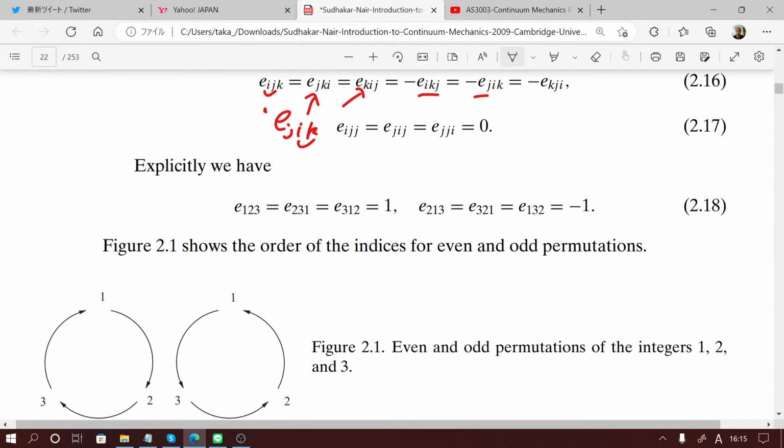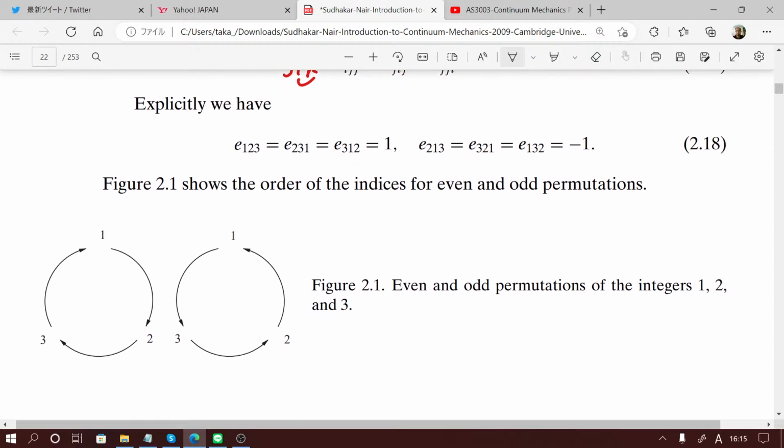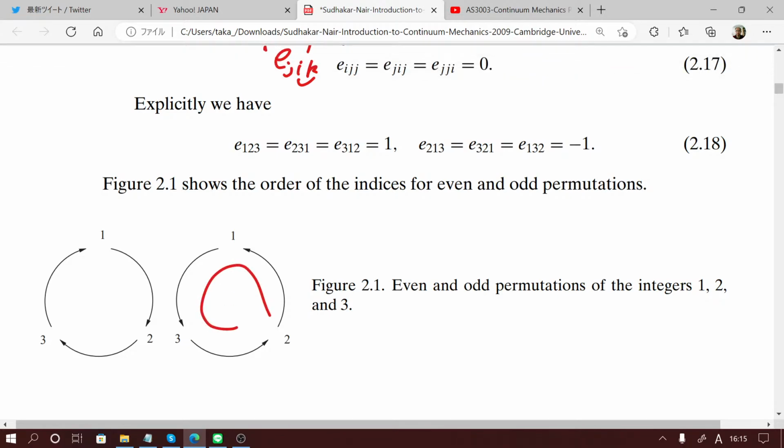Figure 2.1 shows the order of indices for even and odd permutations of integers 1, 2, and 3. If you go clockwise, this is an even permutation.